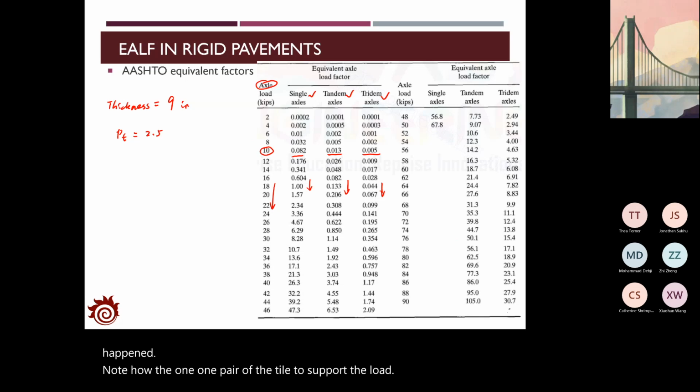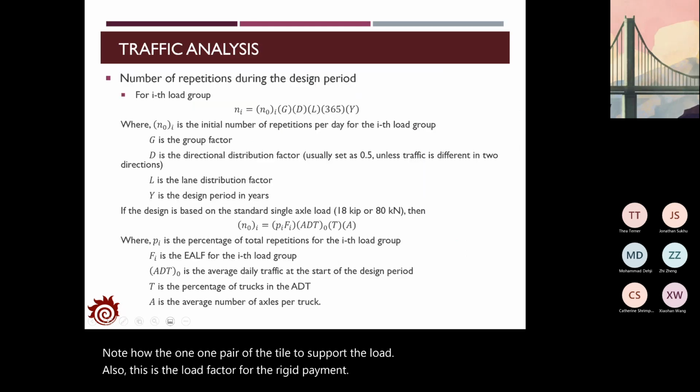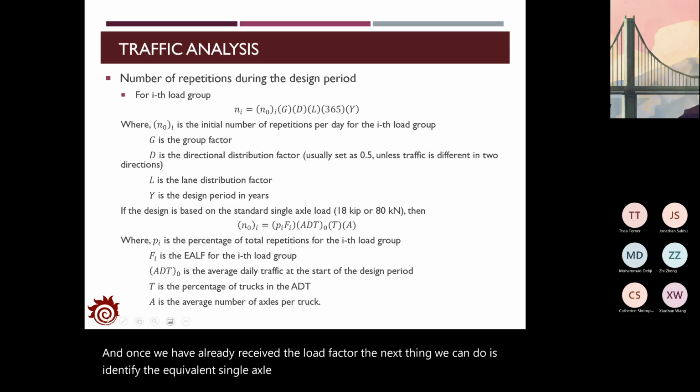So this is the load factor for the rigid pavement. And once we have the load factor, the next thing we can do is identify the equivalent single axle load with respect to the traffic count we obtained from the field and try to estimate the ESAL over the design life of the pavement.